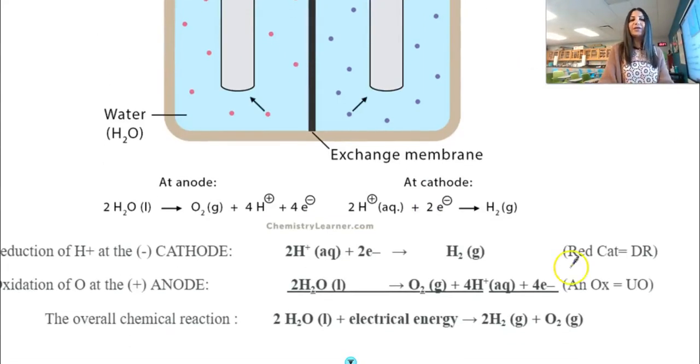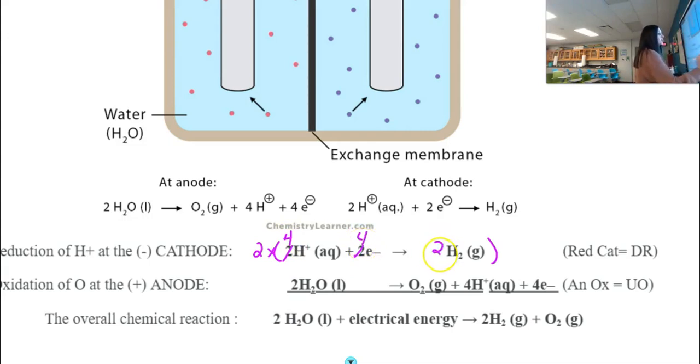But you can see here, because this is 2 electrons and this is 4 electrons, we would actually have to multiply this entire reaction by 2. So this one would have to be doubled, but remember, your voltage wouldn't change in that matter. Then you can cancel out and you can see how everything ends up adding up, because we've got the 4H+ here instead of the 2, and this becomes 4 electrons, and this becomes 2H2.